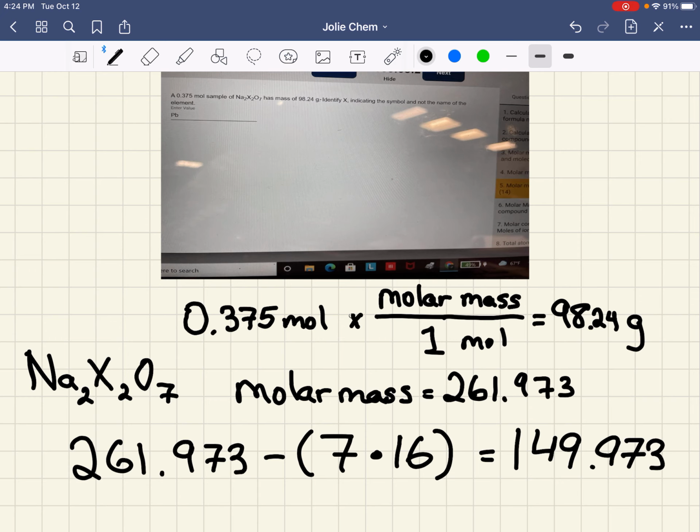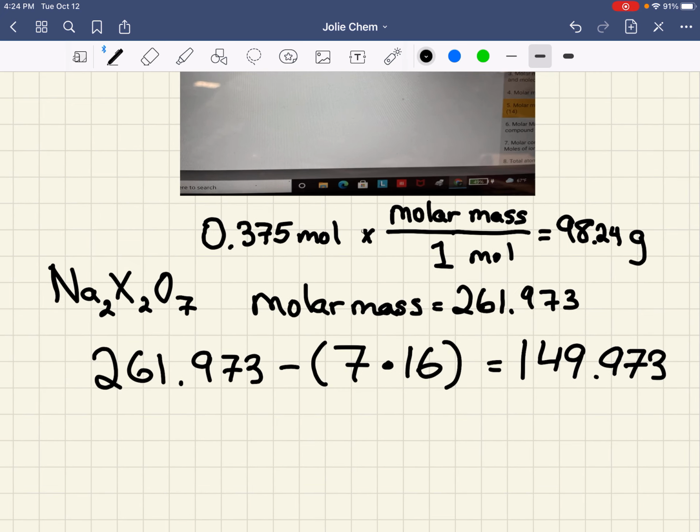So if I do that, I end up with about 149.973. And so the next step after that, so we got rid of this, now what are we going to do? We got to get rid of this so we can just have our X alone. So now what I would do is 149.973 minus, how many sodiums do we have? 2.